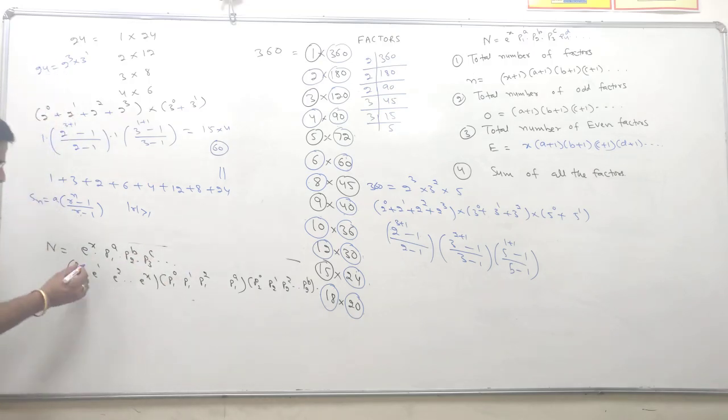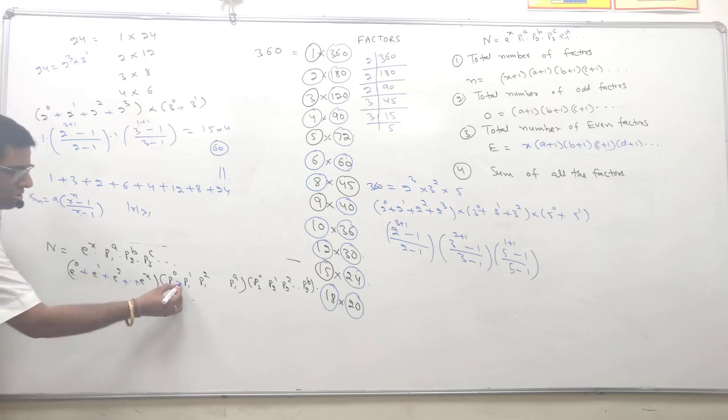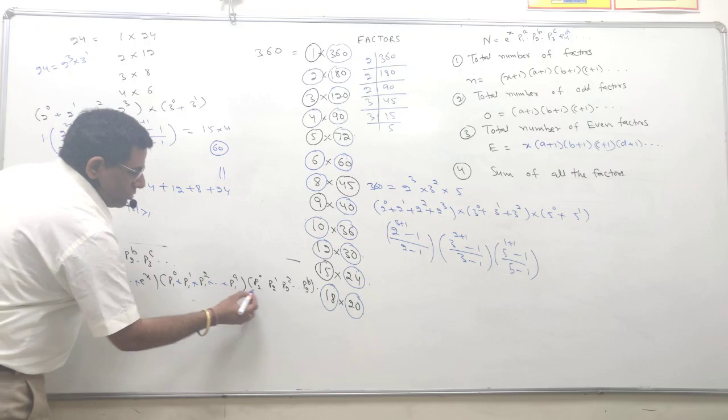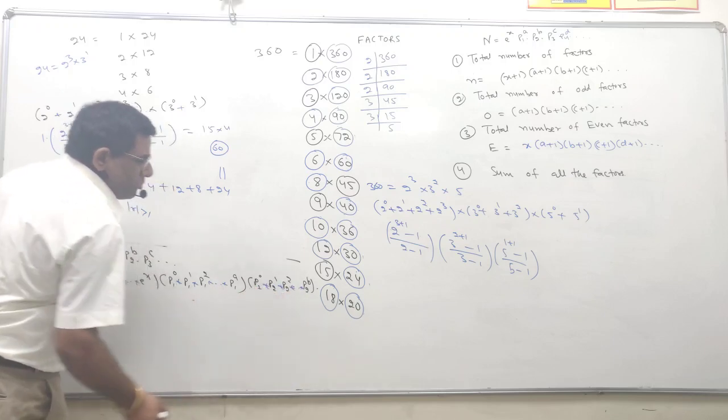N is any composite number. Its factors can be e raised to power x, where e is the even prime, times p1 raised to power a, p2 raised to power b, p3 raised to power c, and so on, where p1, p2, p3 are the odd primes. If we have to calculate their sum, we can use the sum of geometric progression here.